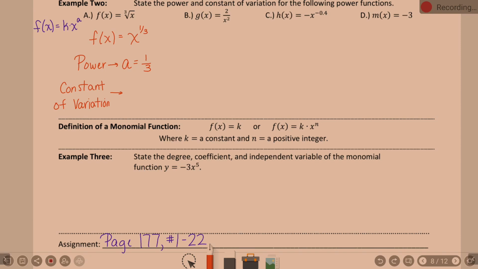It's a constant of variation, so it has to be a number. 1, right? In other words, what number is in front of x to the power? In this case, that is just an invisible 1. So k is 1.